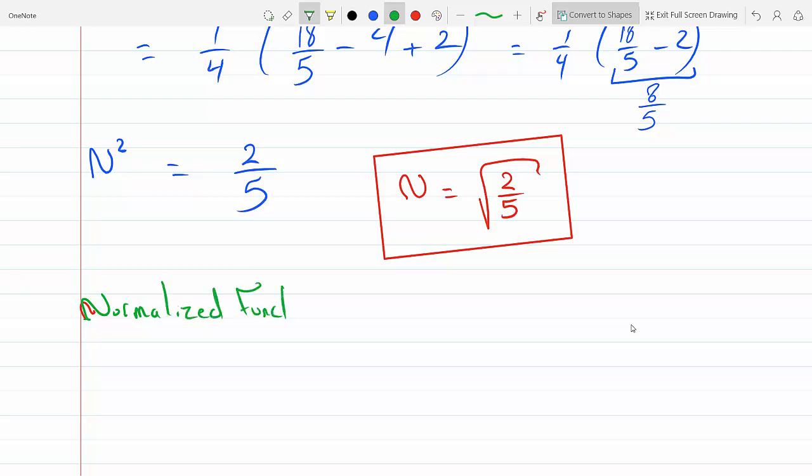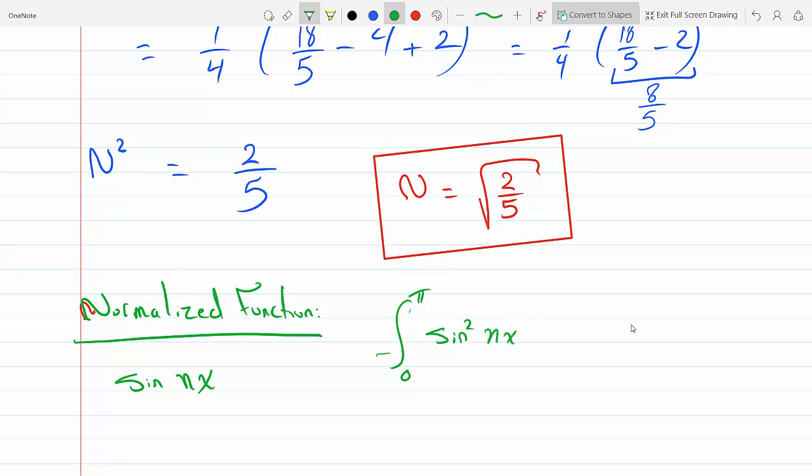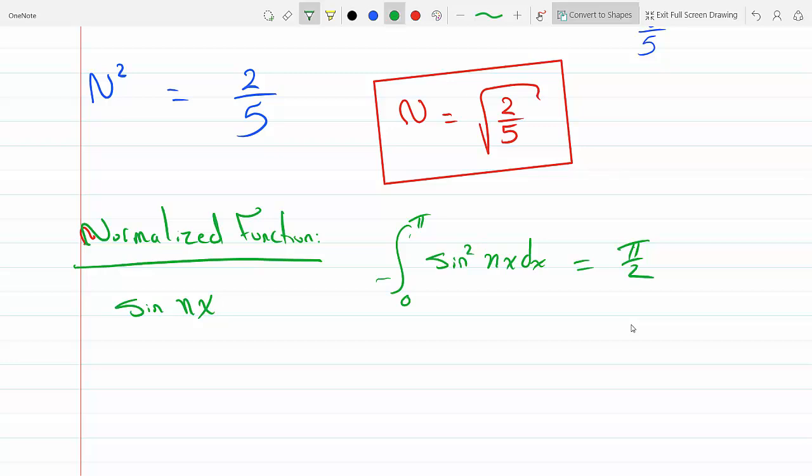Let's say when you try to normalize sine nx on 0 to pi, you integrate 0 to pi sine squared nx dx. We did this problem before. The answer was pi over 2. So that means the norm of this function, if this was f, the norm of f is square root of pi over 2, because that's what we got there.